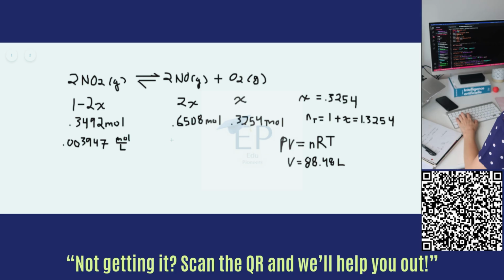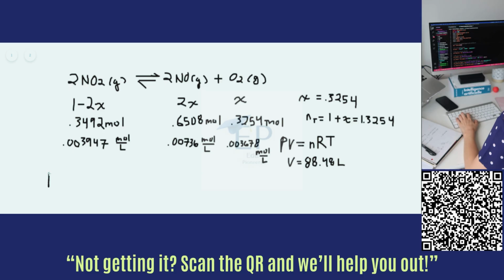Here we'd have 0.00736, moles per liter. And 0.003678. Write this down here, that's also moles per liter.